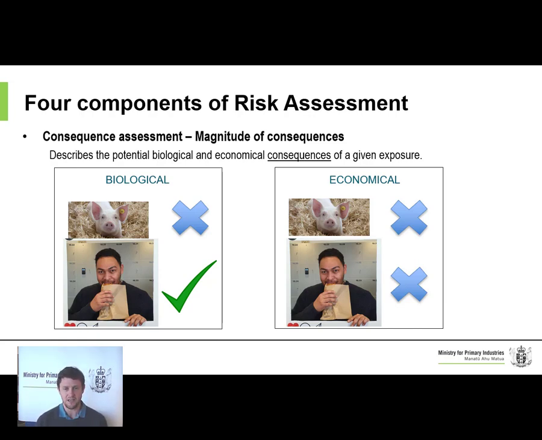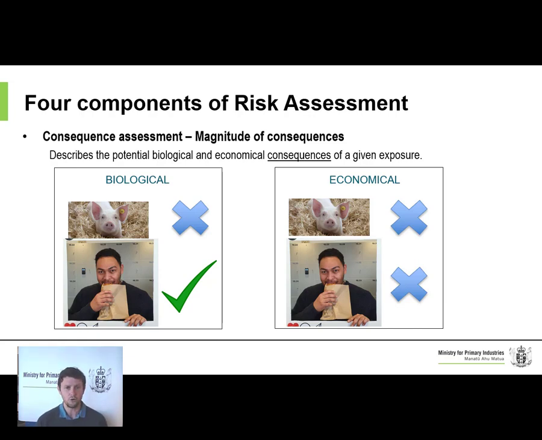In this specific example, we would say that the consequences are very low for a biological impact on a human being, because African swine fever is quite specific to pigs, and they have very little if no impact from a food safety perspective on human beings.